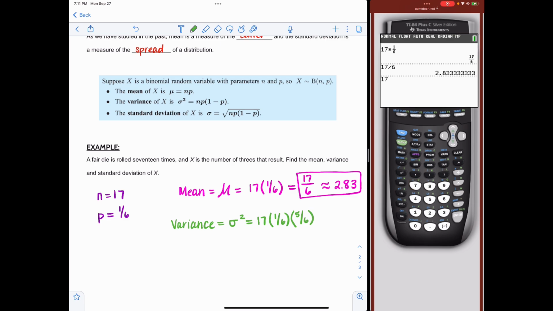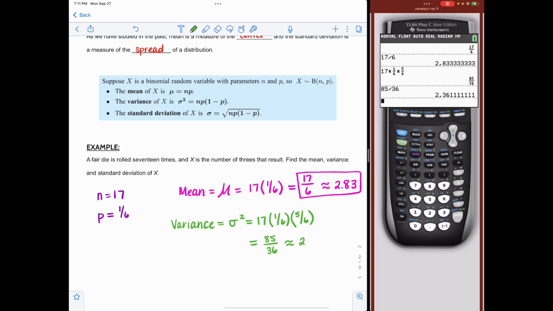So I have 17 times 1/6 times 5/6, which gives 85/36. Or in 3 sig fig, just do 85 divided by 36, which is approximately 2.36 in 3 significant figures. So that is the variance.